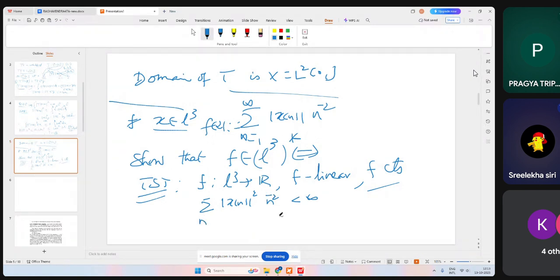But this is not asked for. You have to show the norm of f as an element of L3 star is finite. Not this. These two are different. Is it clear?